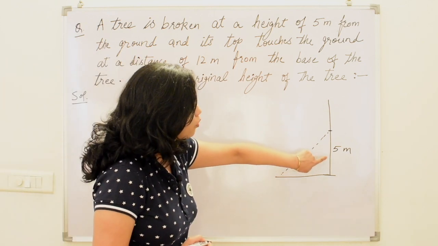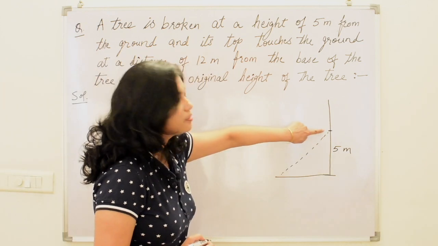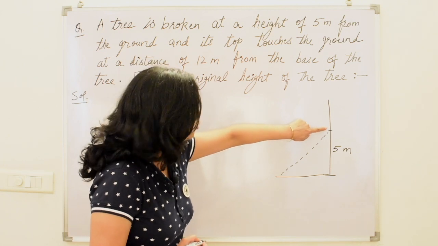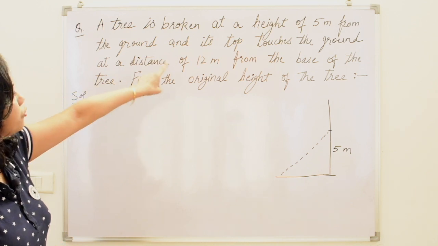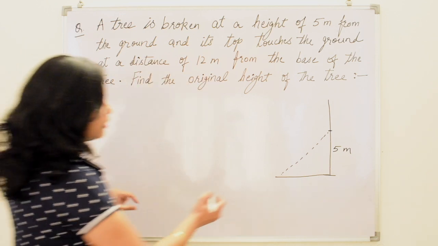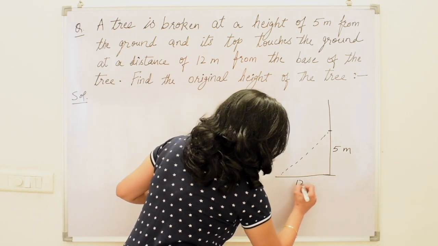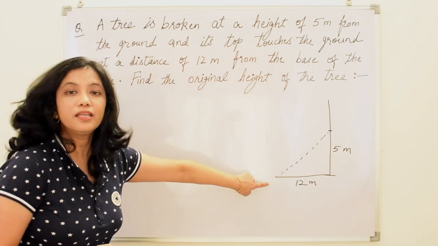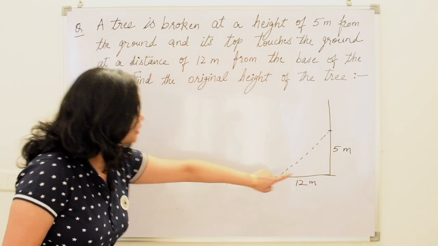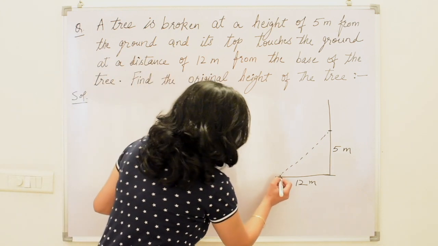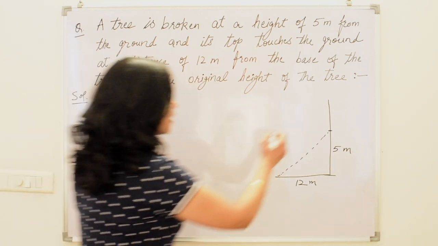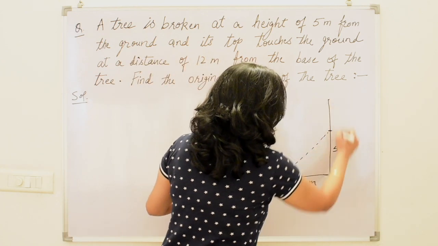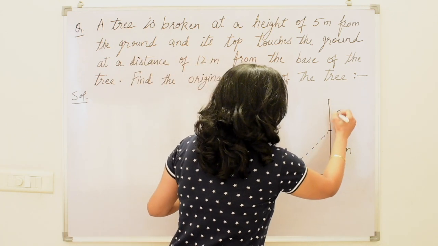The tree has broken at the distance of 5 meters. At 5 meters height, it has broken and it touches the ground here, at a distance of 12 meters from the base of the tree. Base of the tree is this. So this is 12 meters. Find the original height of the tree. We have to find this total.